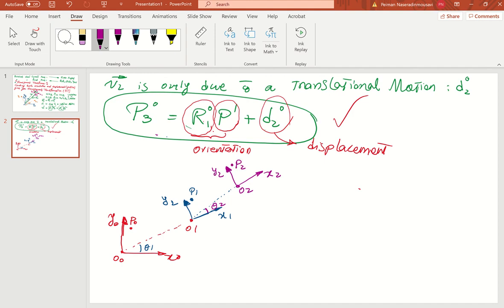Now if I ask you to find the position of P with respect to the fixed origin, what are you going to do?